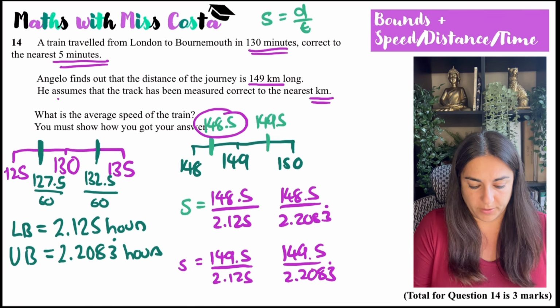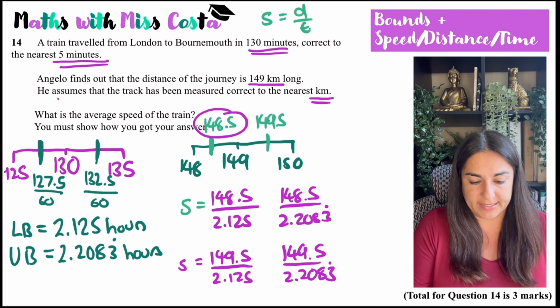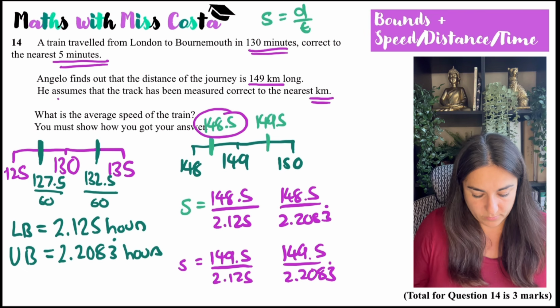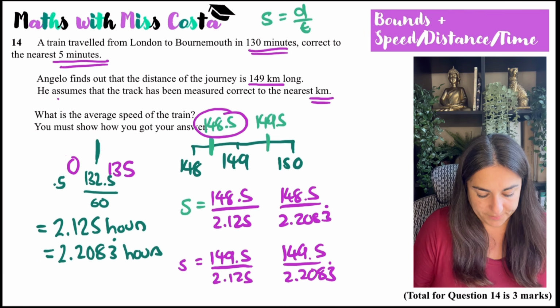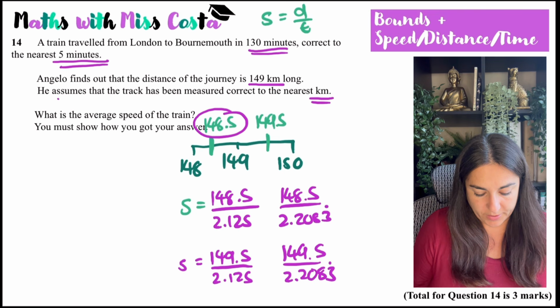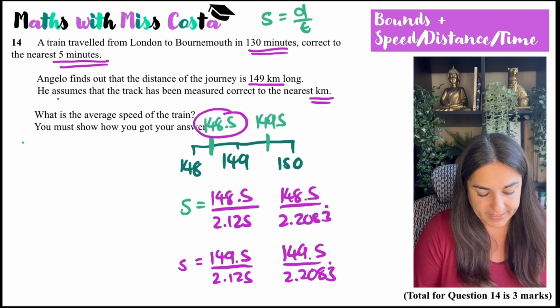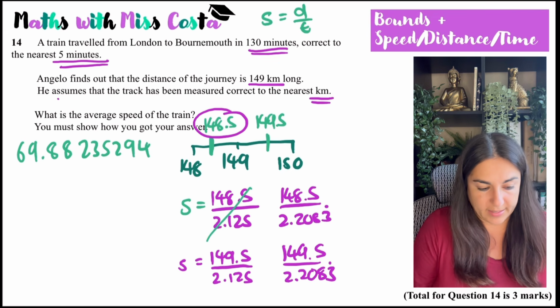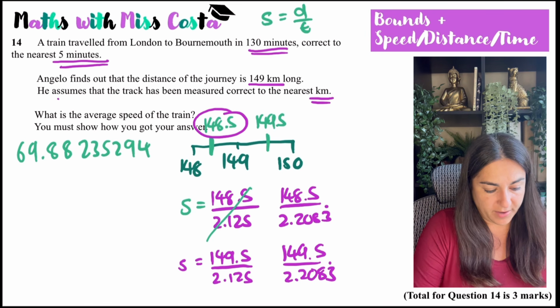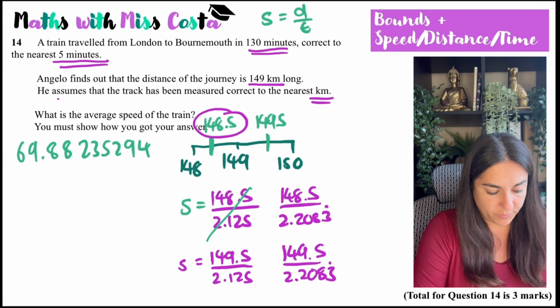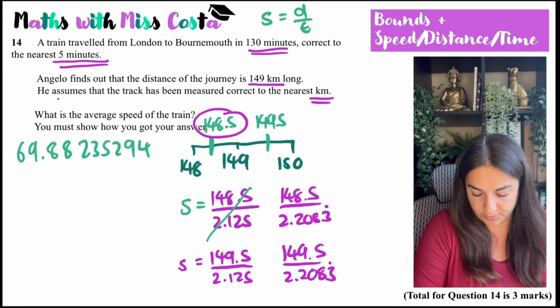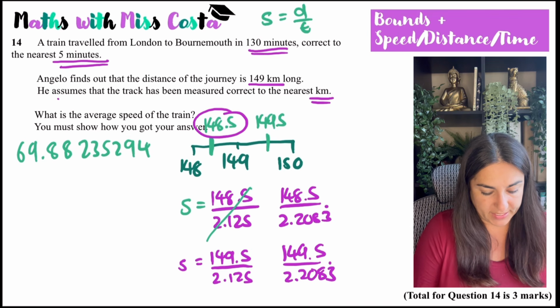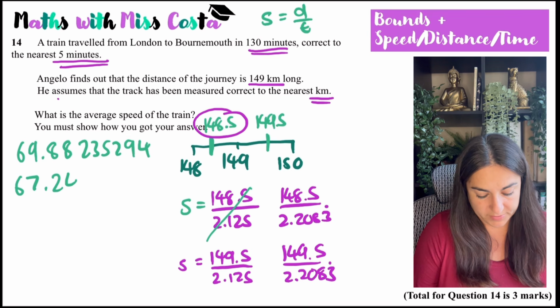148.5 divided by 2.125 is, well, where should I write this? Let's write this here. So that would be 69.88235294. Let's do the next one, 148.5 divided by 2.2083 recurring is going to be 67.24528302.